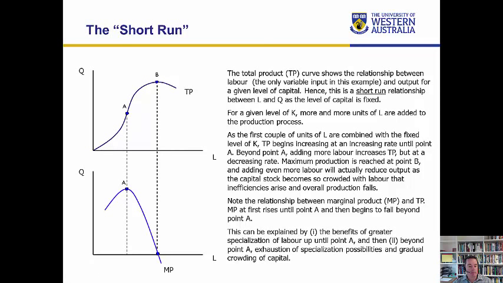Now we decide we want to produce a little bit more. So we add a second worker to the production process and move a little bit further up this TP curve to 2 workers. Now production has increased to 22. So with one worker we can produce 10 units. With 2 workers we can produce 22 units. So the second worker has actually contributed an extra 12 units of output, whereas the first worker could only contribute 10. Now, is that because the second worker is better, smarter, more skilled than the first worker? Well, presumably not, otherwise we would have employed the second worker first.